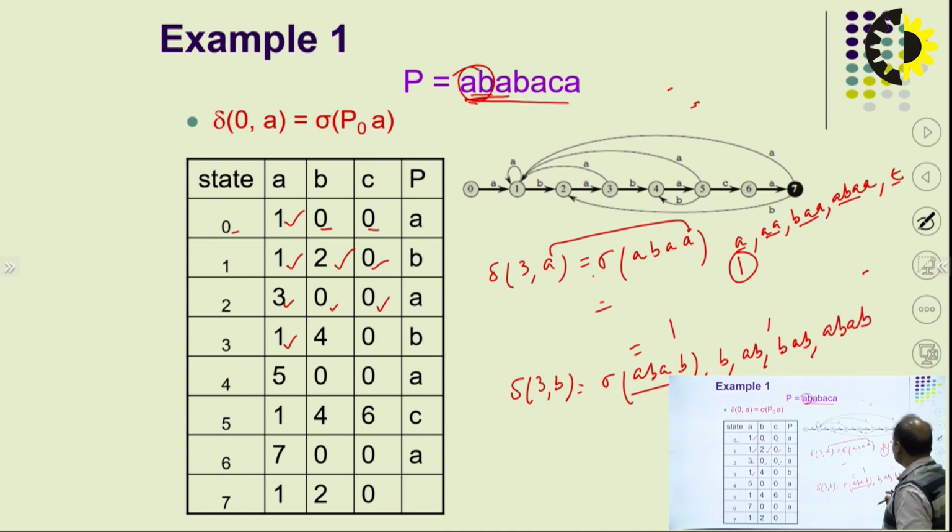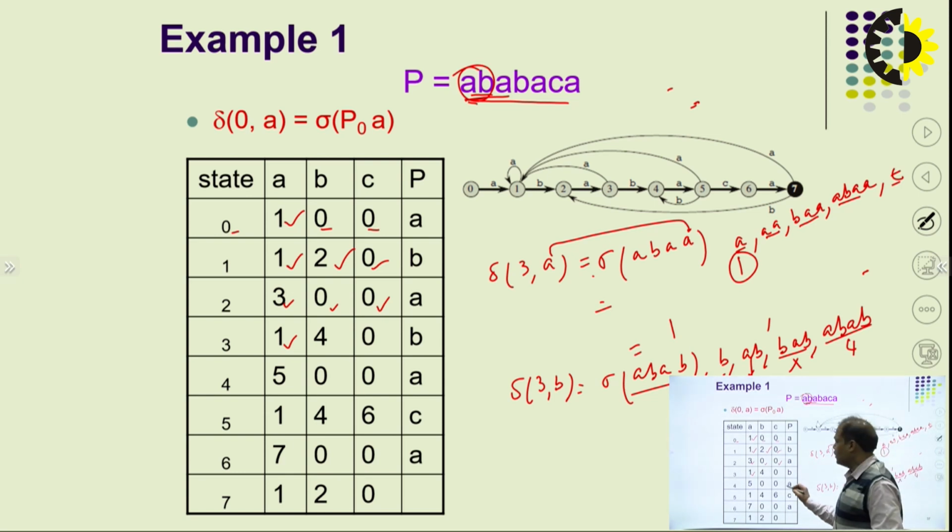This B is not a prefix. AB, yes, it's matching with a prefix of P, its length is 2. BAB is not matching. And then ABAB is matching, its length is 4. So we are interested in the longest suffix, its value is 4.